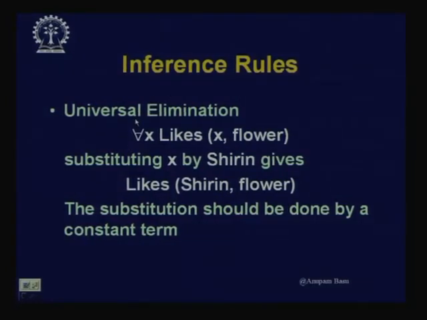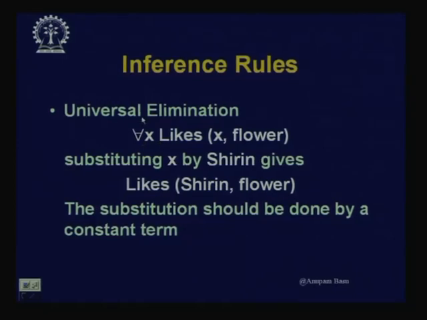One is universal elimination. That means, if we have a sentence like for all x likes x flower, then likes x flower will hold for all x. Therefore, I can substitute this x by some constant, like a particular name Shirin: Shirin likes flower. There will be nothing wrong in what I am doing, because you have said for all x.